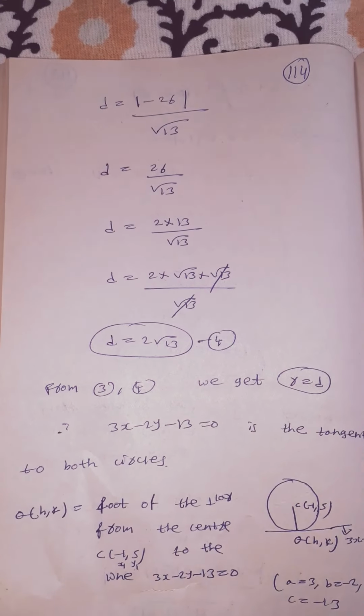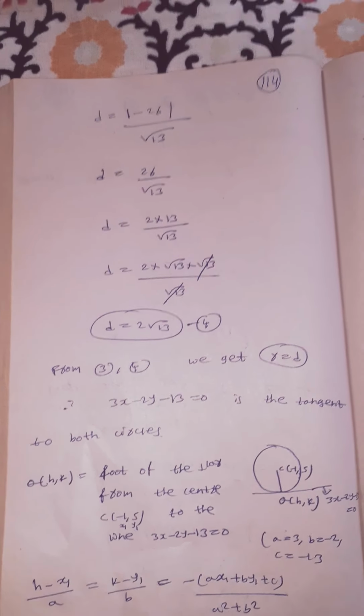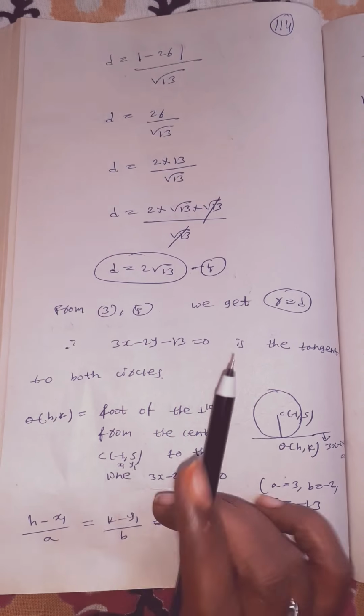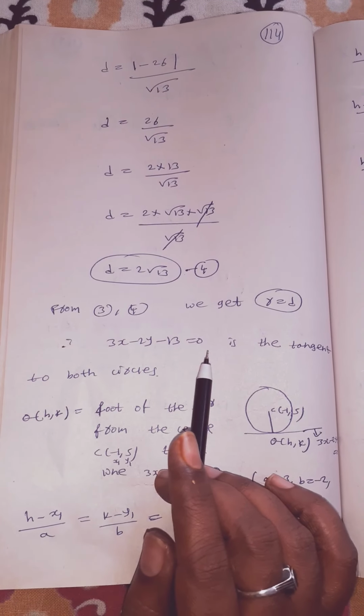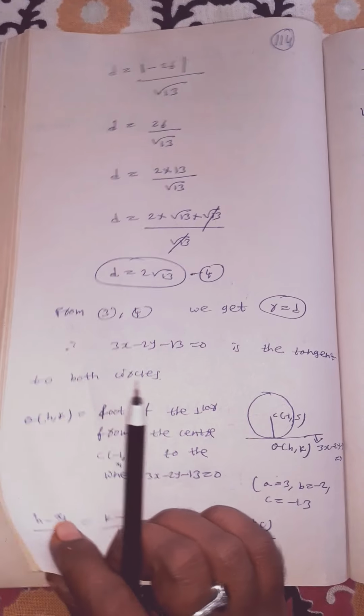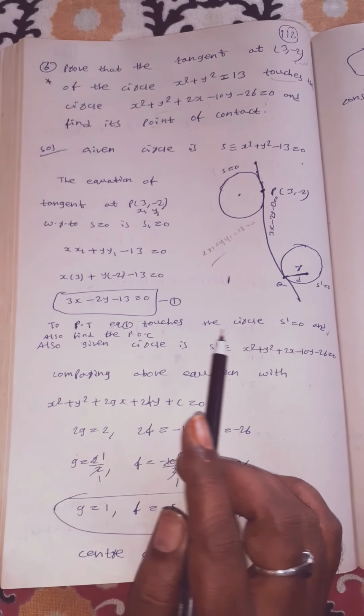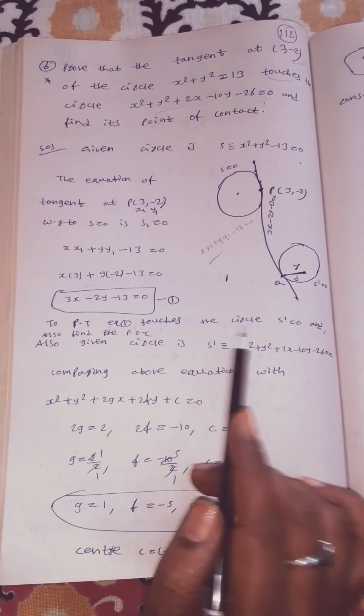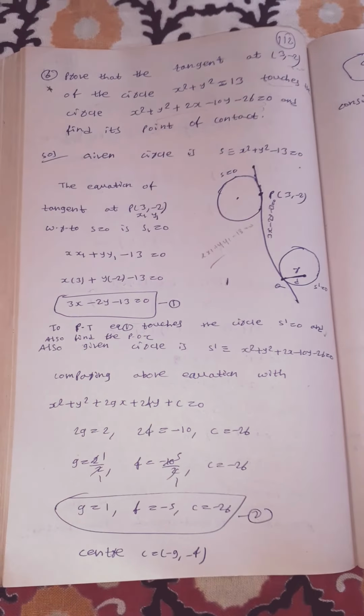Root 13 cancels. So d is equal to 2 root 13. See, children, from equations 3 and 4 we got the same answers. We get r equal to d, which means 3x minus 2y minus 13 equal to 0 is tangent to both circles. We have proved that it touches the circle S dash equal to 0. So one part is completed. Next, what we have to find? The point of contact.